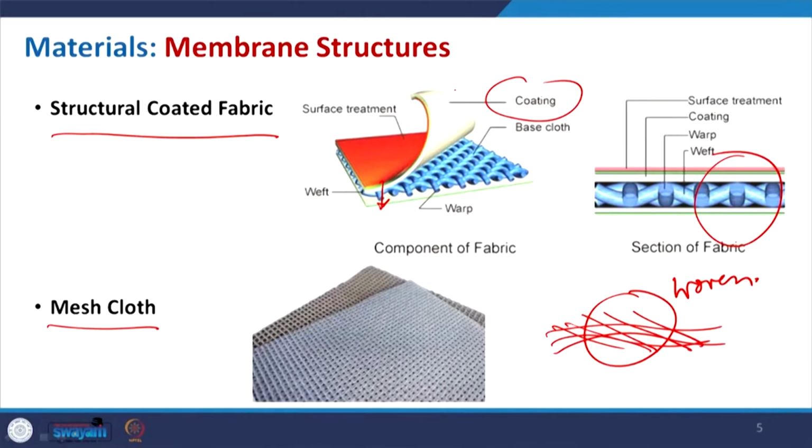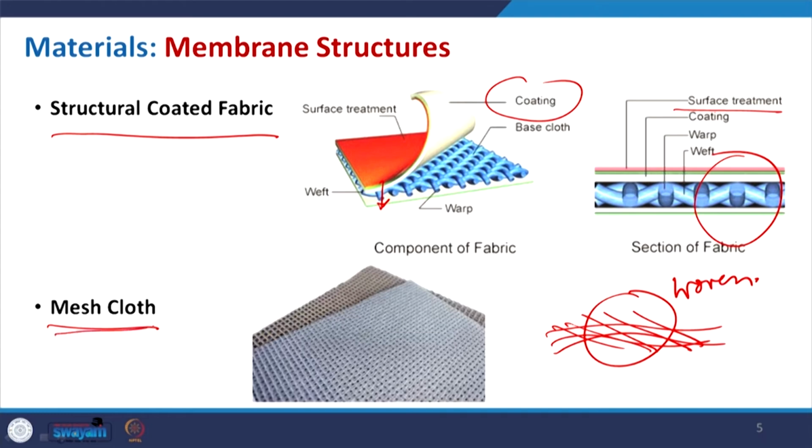So, it will get exposed to the rain, it will be exposed to the snow in contexts where snowfall is there, and also to extreme heat. So, rainfall, then the heat from the sun, as well as the wind and other things. So, your membrane should get protection, and for this we get some help from these different levels of coating. The top layer is the surface treatment which will help to keep this intact.